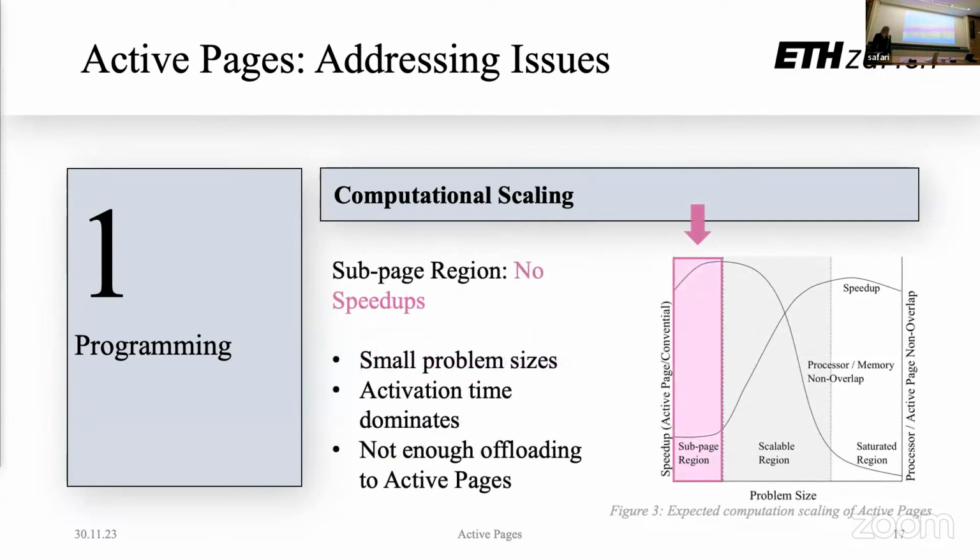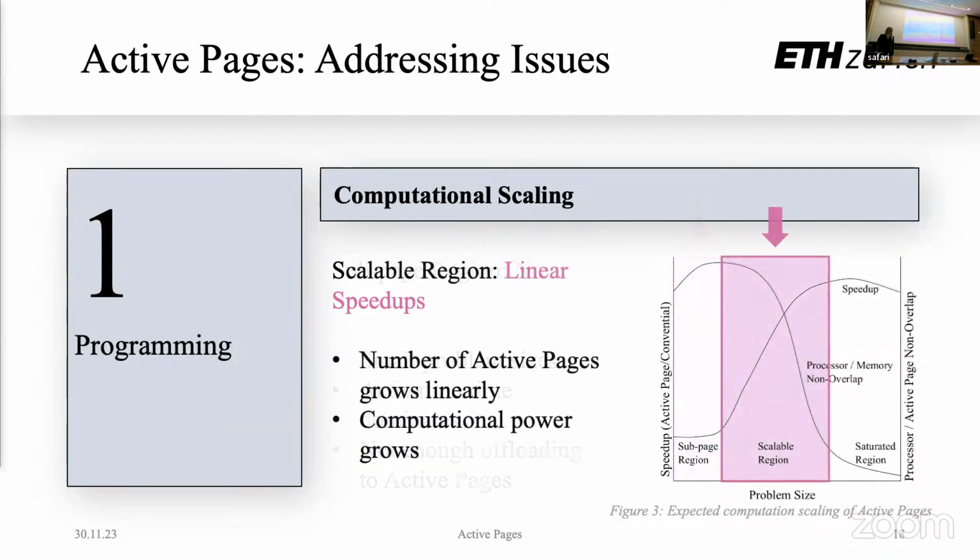Moving on to the first region of this figure, which is the subpage region. Here we have relatively small problem sizes and therefore very few active pages with poor utilization, very little parallelism, and the activation time dominates. So it's no surprise that we have almost no speedup, and the time the processor spends waiting on the active page function to complete is a lot.